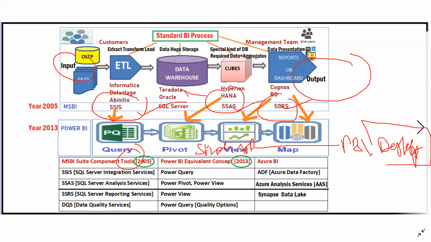Multiple operations are done in it. The component name is Power BI Desktop. Power Query is a concept for this operation, and there are other concepts for the other operations. So these are the concepts available in a single desktop application to implement end-to-end BA. So this application is called a self-service BA application.